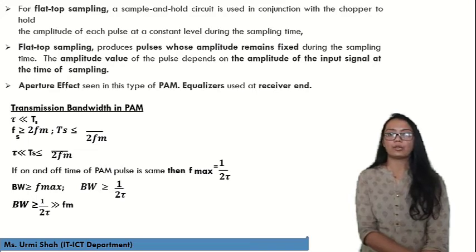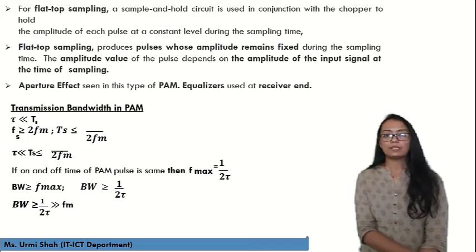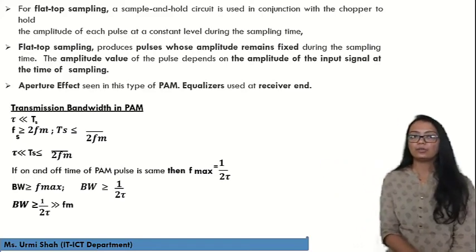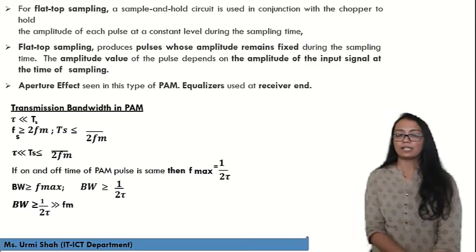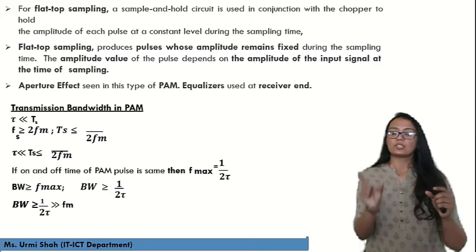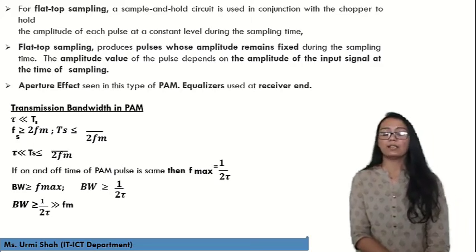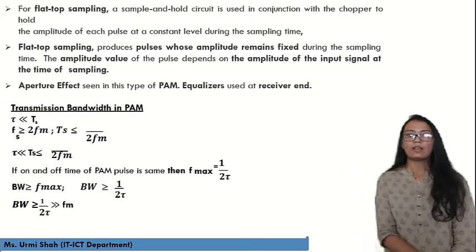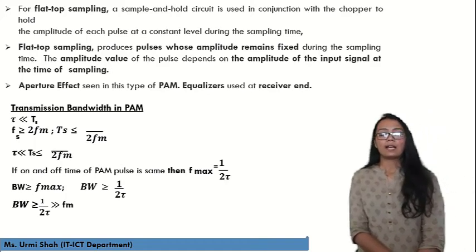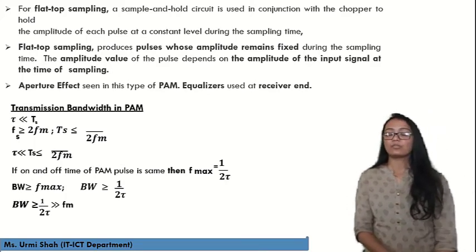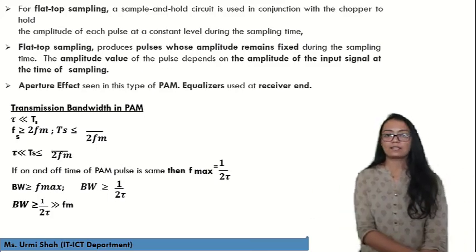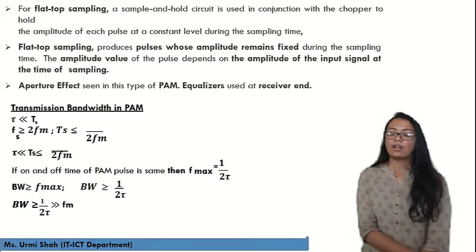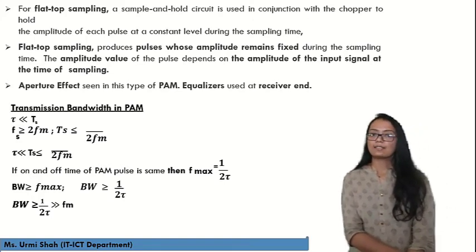Flat top sampling produces pulses whose amplitude remains fixed during the sampling time, and the amplitude value of the pulse depends on the amplitude of the input signal at the sampling time. Here an aperture effect can be seen, which is an equalizer effect generated at the receiver end. There we can use an equalizer to equalize the transmitted signal.